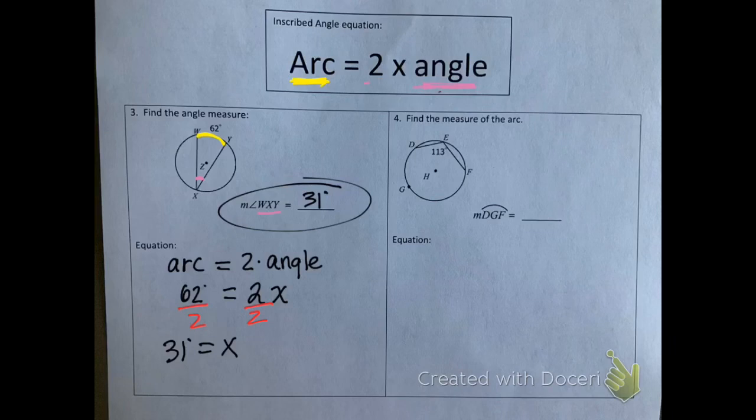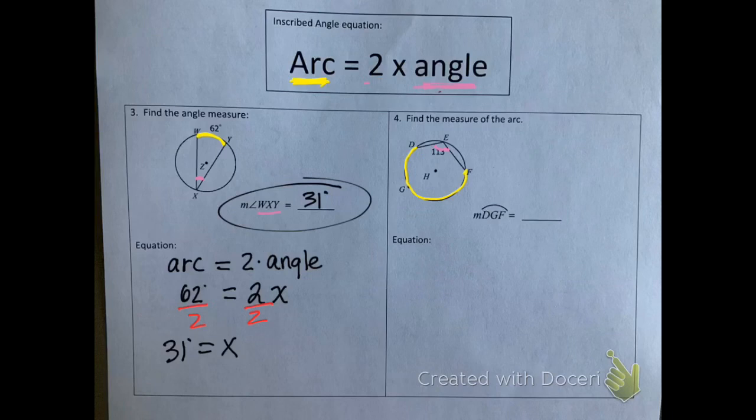All right, for this last one, let's highlight the intercepted arc right here. So that measurement should always be double the angle, the inscribed angle, which is 113 degrees. So we're trying to find DGF, which our answer should be bigger than 180 because it has 3 letters.